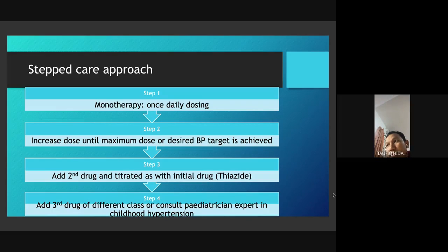So it is not 140/90. You definitely need the table or chart.